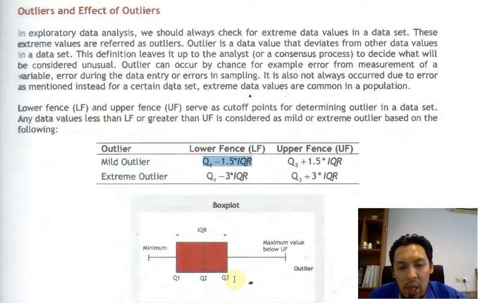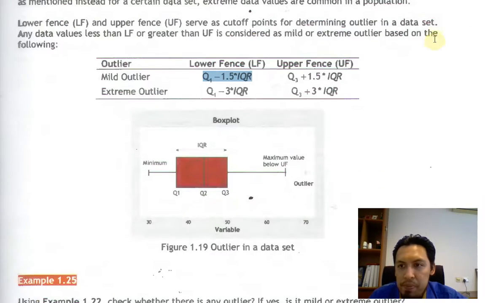So we have IQR before, which is this length: Q3 minus Q1 will give us this length.